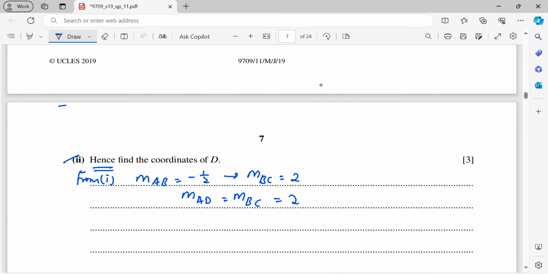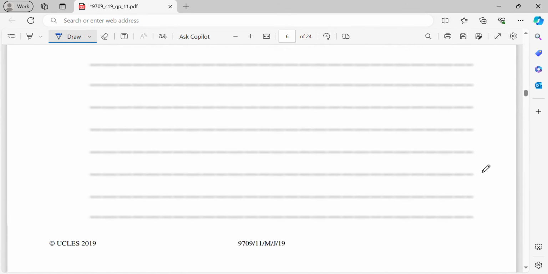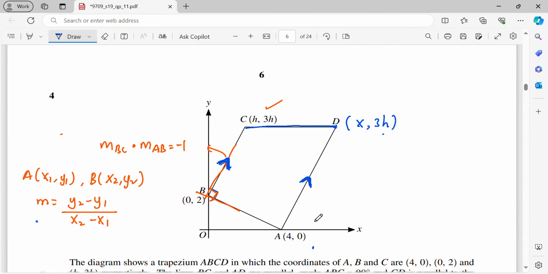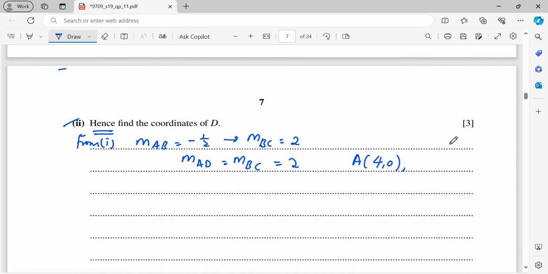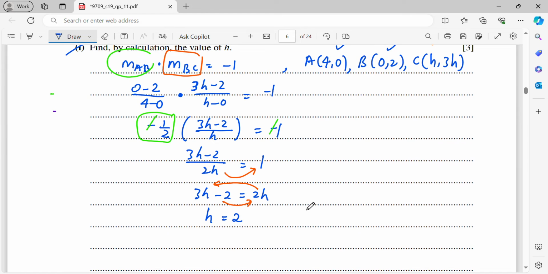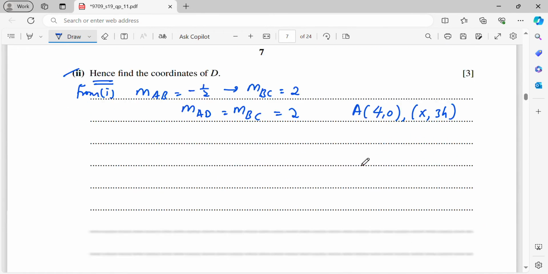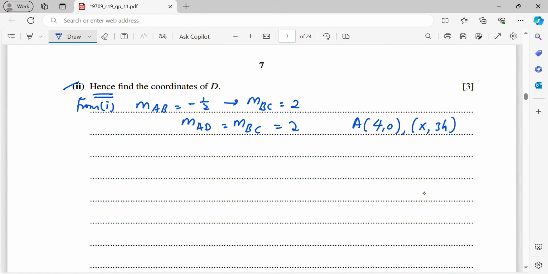So now I need to write down my A is with coordinates 4, 0, and then my D is with coordinates x, 3h. Okay, and from the previous question, our h is 2. So now I will just write h equals to 2. That means this is my point D. So D becomes, x is unknown, 3h means that 3 times 2, which is 6.